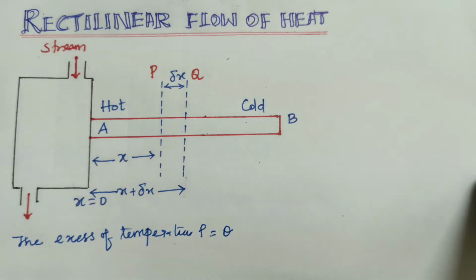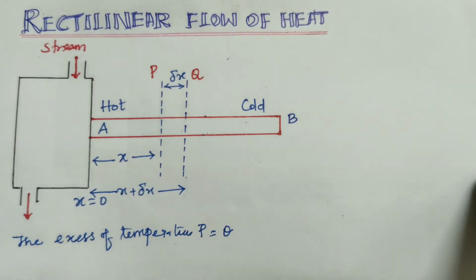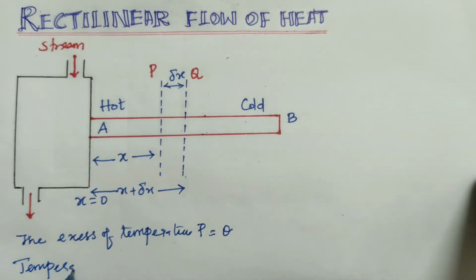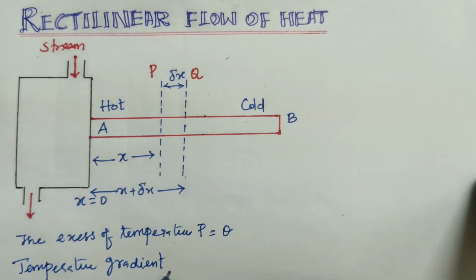Now the temperature gradient at the section P. இப்போ P யில் temperature gradient is nothing but the change in temperature, that is temperature gradient at P is equal to d theta by dx, that is the distance.